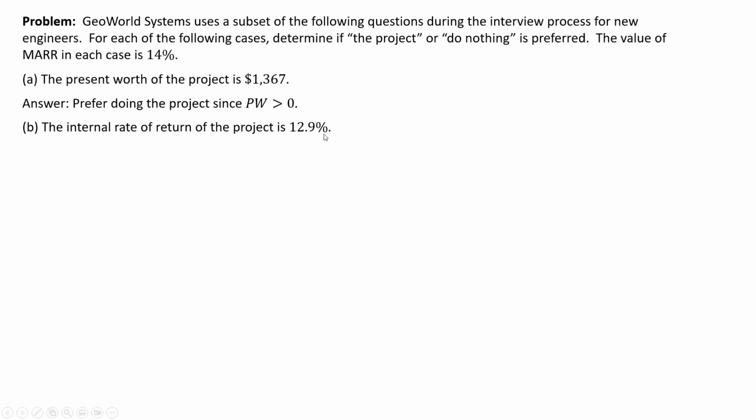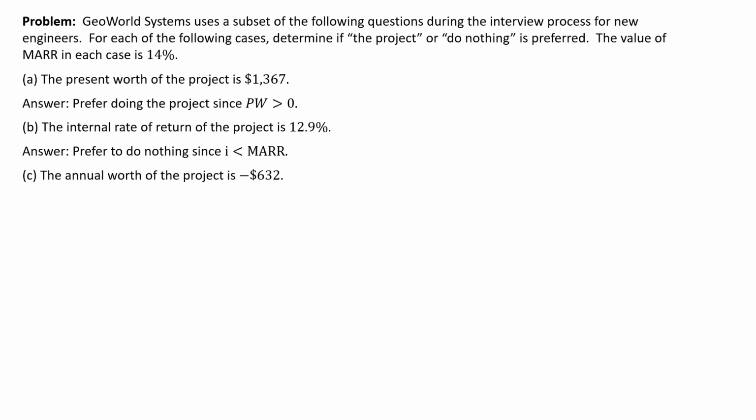Why would you take this project and all the headache it has to only get a 12.9% rate of return? You wouldn't. So in other words, prefer to do nothing, since the internal rate of return is less than the minimum attractive rate of return.